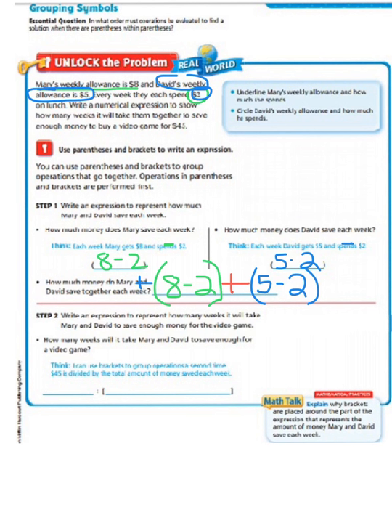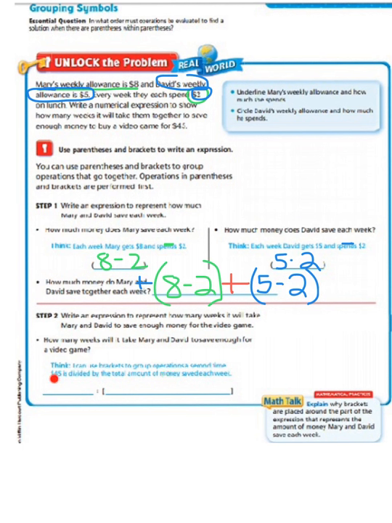Step 2 says to write an expression to represent how many weeks it will take Mary and David to save enough money for the video game. I can use brackets to group operations a second time.